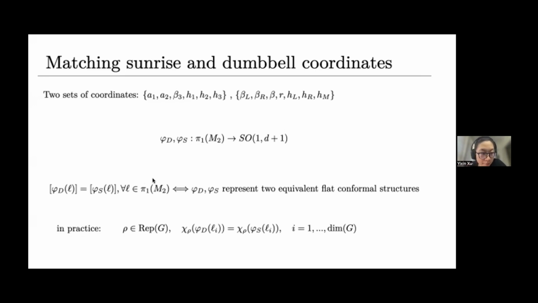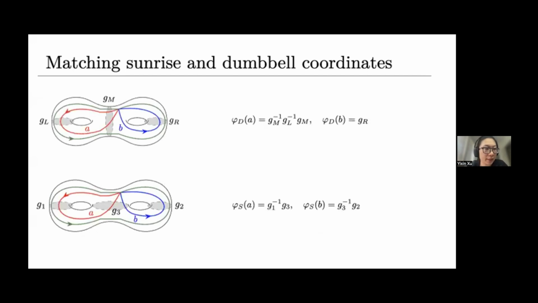If the two homomorphisms give rise to the same conformal structure, then for any element in the fundamental group, its image under these two homomorphisms must be conjugate in the conformal group. So in practice, we will commit to a specific representation of the conformal group, compute products of the matrices from both channels, and then match their characters. If this is too abstract, it's okay. Let me give you a concrete example.